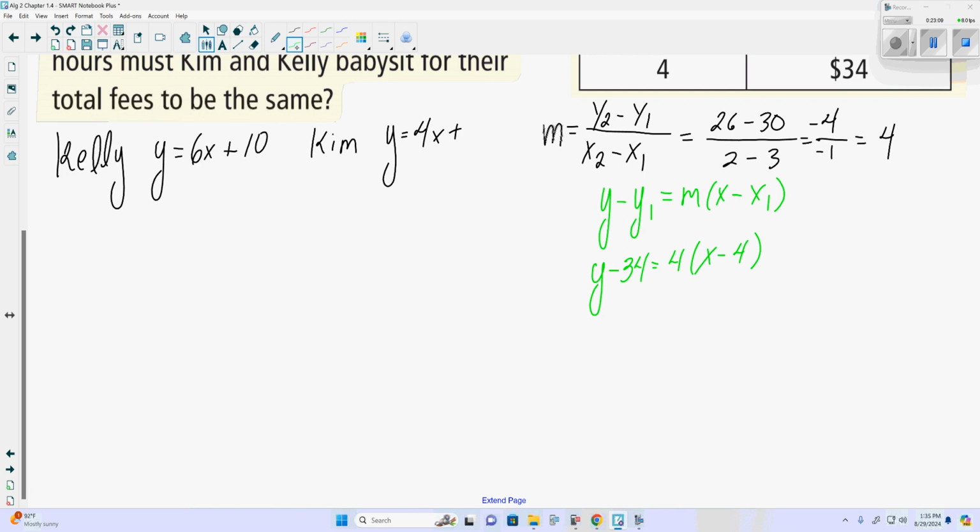Now we just need to get y by itself. So the first thing we can do is distribute the 4. Y minus 34 is equal to, well, 4 times x is 4x. 4 times -4 is -16. And at this point we can add 34 to both sides. Telling us y is equal to 4x plus 18.